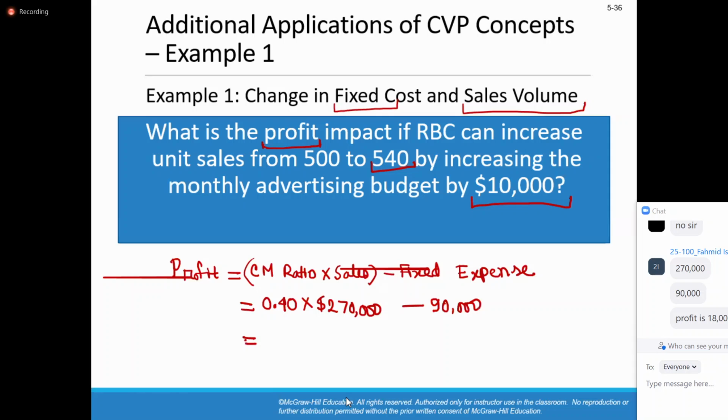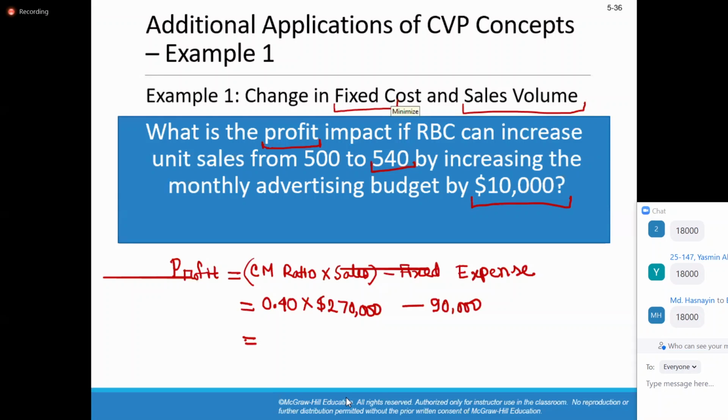I see responses are coming, but what about the responses from other people? 18,000, okay.